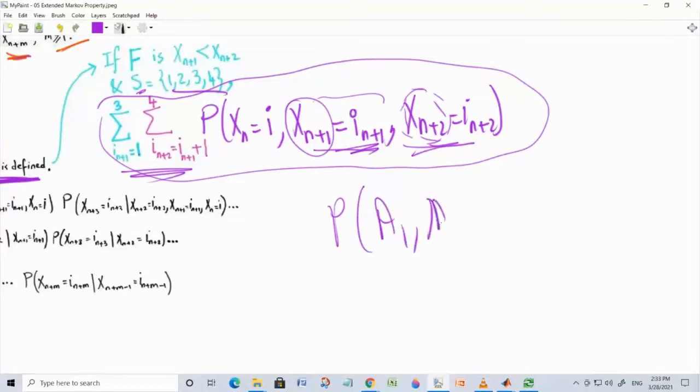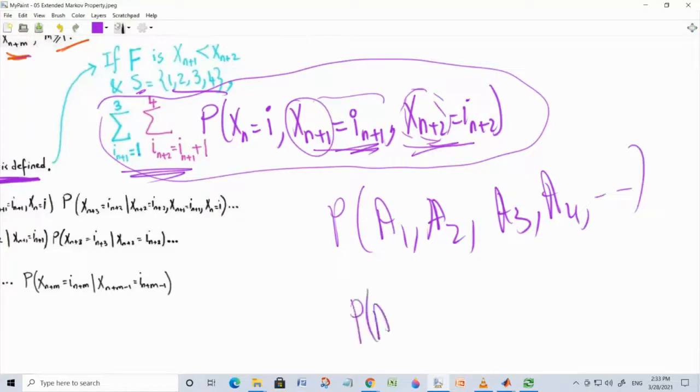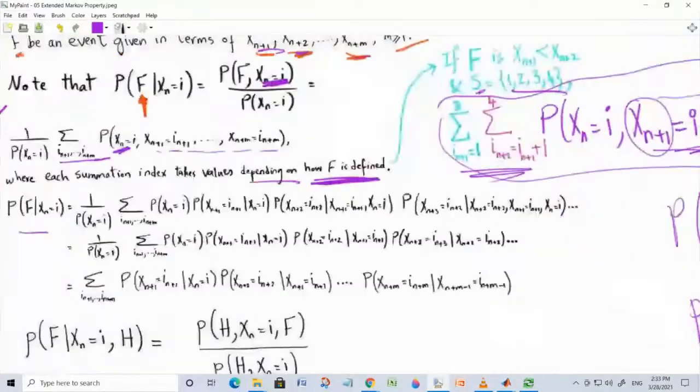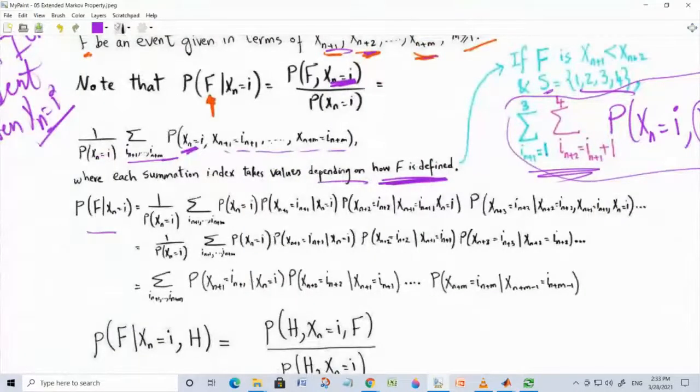If you have a Markov chain, then you can take P(A1), then P(A2 given A1), P(A3 given A2), and so on, proved on the previous slide. So you can take this joint monster and write it as this, and then this conditioned on this, conditioned on this, and so on and so forth.